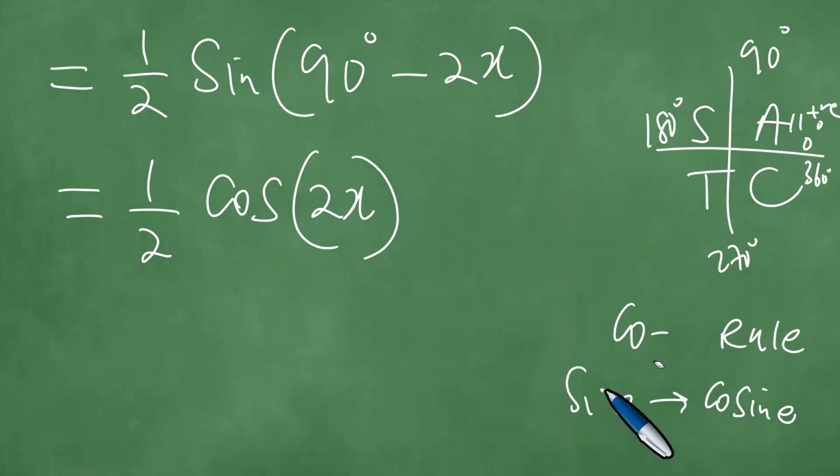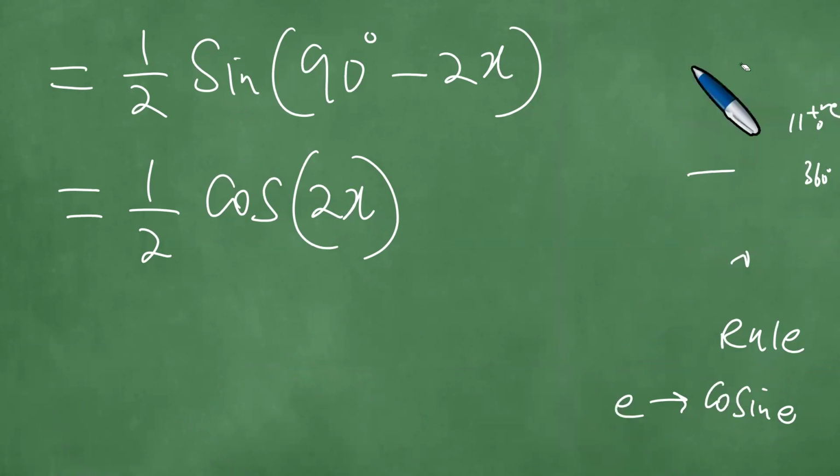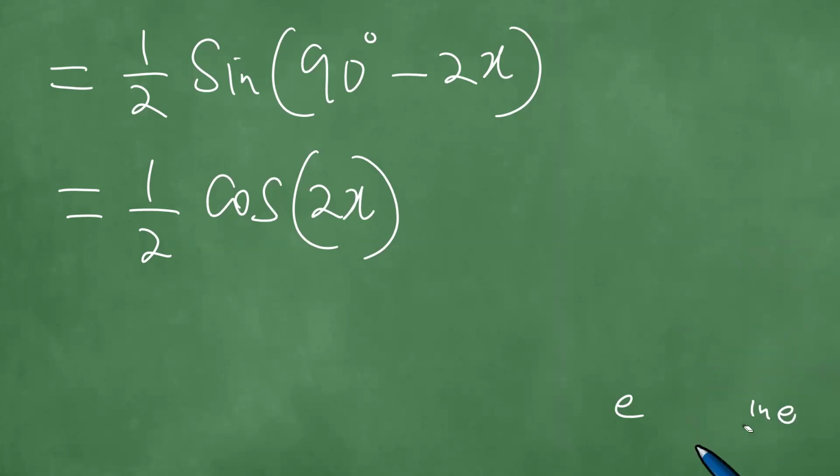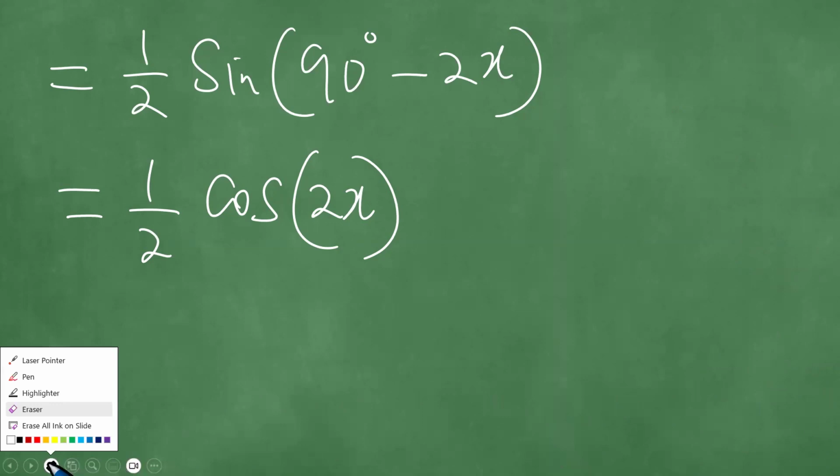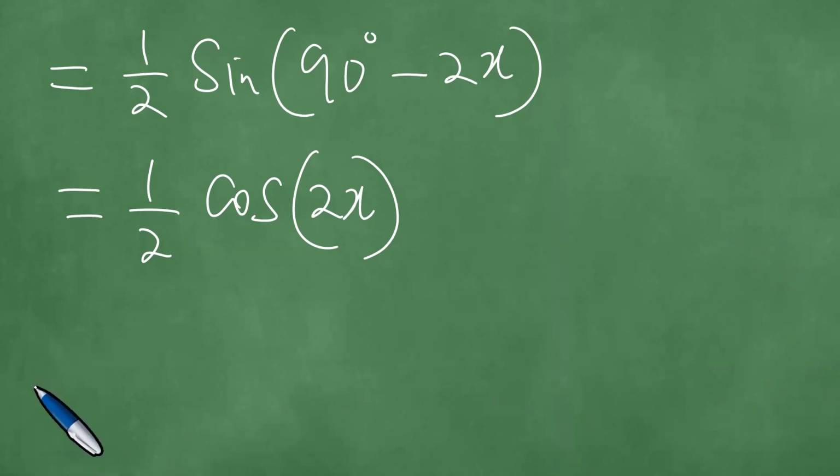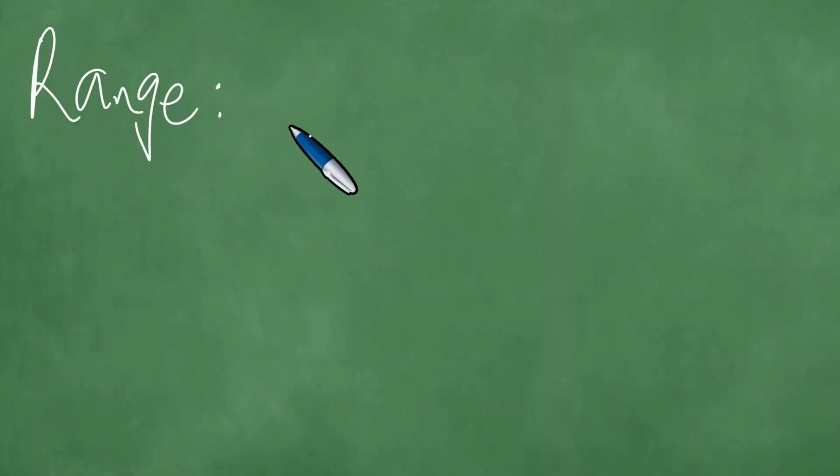Now, having had these, there are a couple of things that remain extremely important here. What are the important things? There's something we therefore call the range. Right, because this is a function.